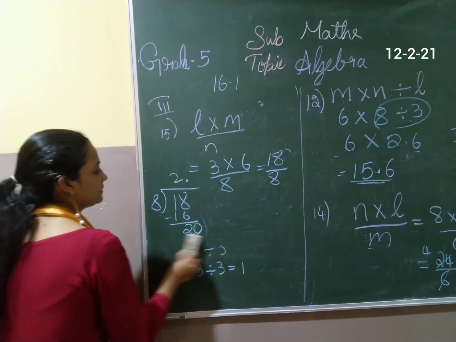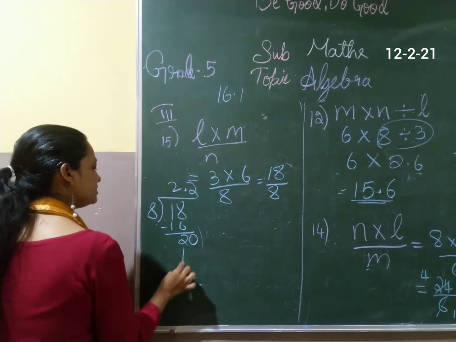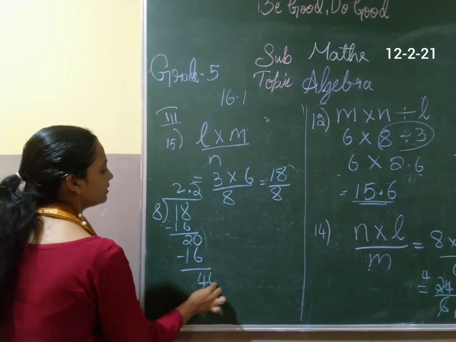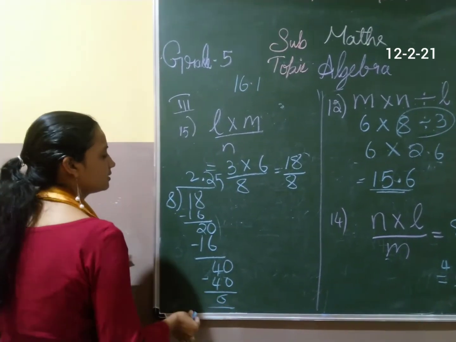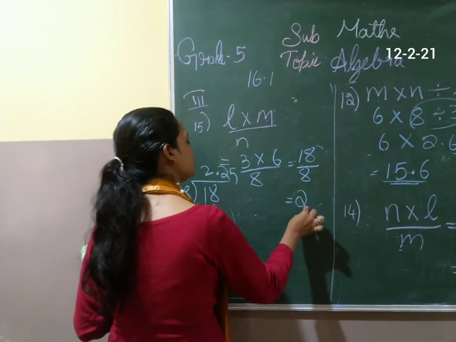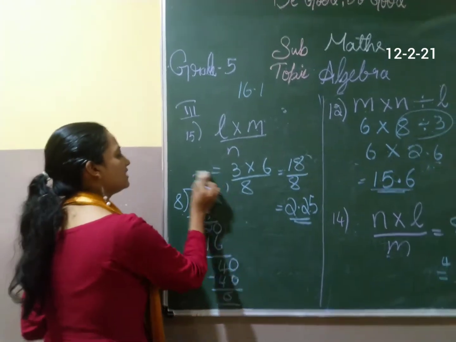What do you get? Next one. Again, 8 2s are 16, 4 remainder, 0, 8 5s are 40. So the answer for this is 2.25. This is the final answer.